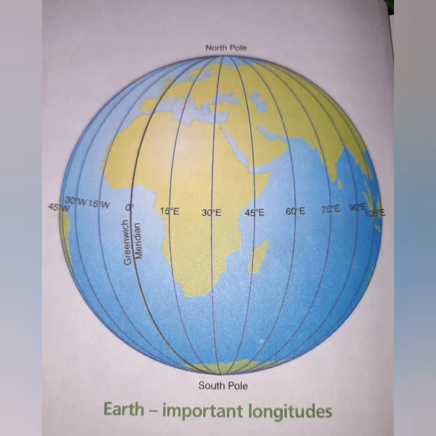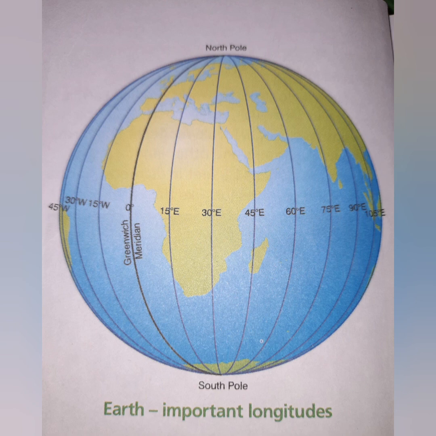Here we have important longitudes. You can see the prime meridian in dark color, passing through Greenwich near London, with west longitudes on the left side and east longitudes on the right side.